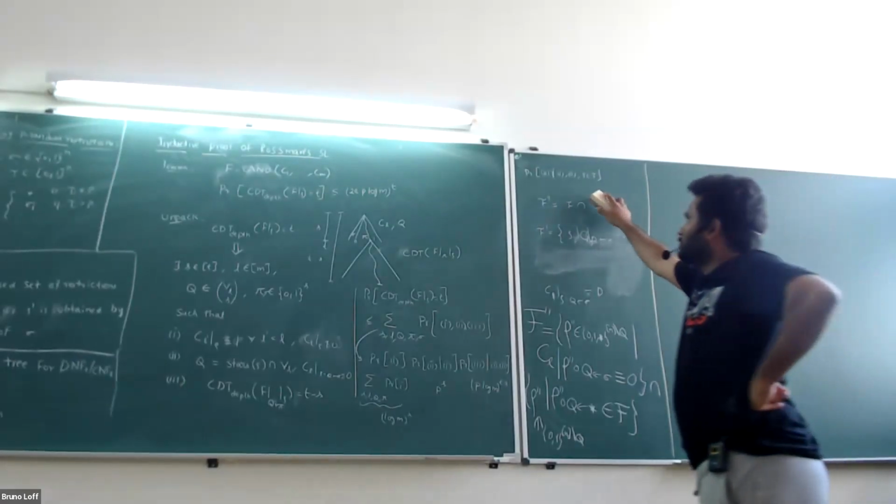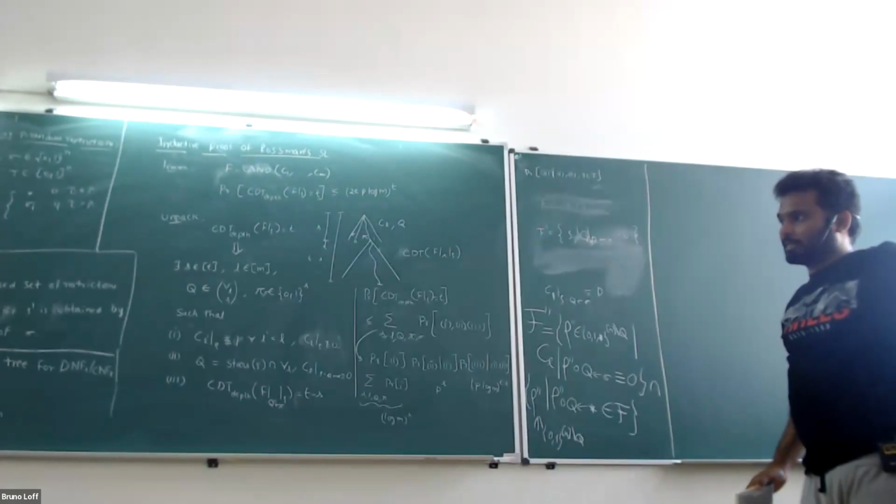So F is just coming from the conditioning on top, and this intersection of the two sets written below is supposed to be the new set we're trying to condition on in the induction. Yes. Okay.